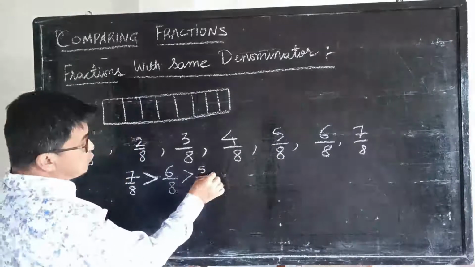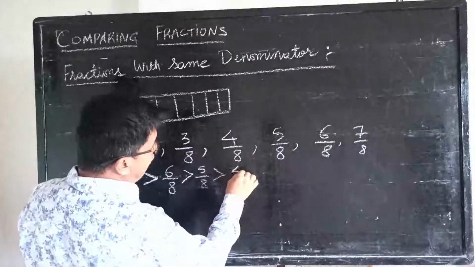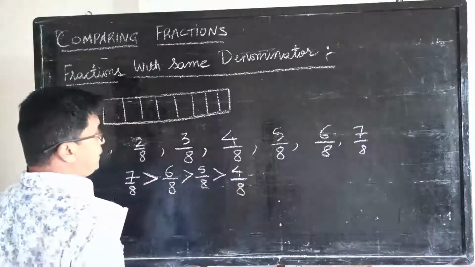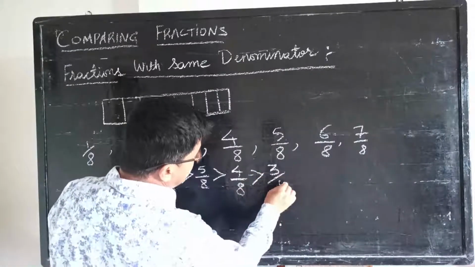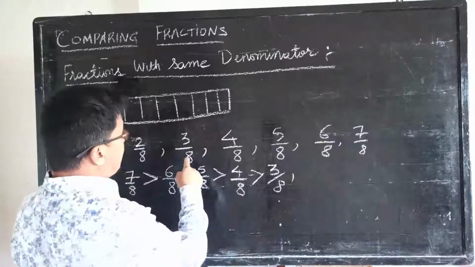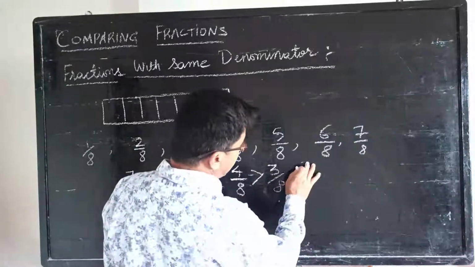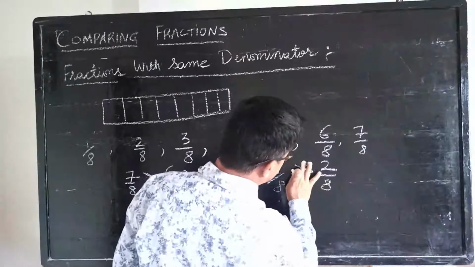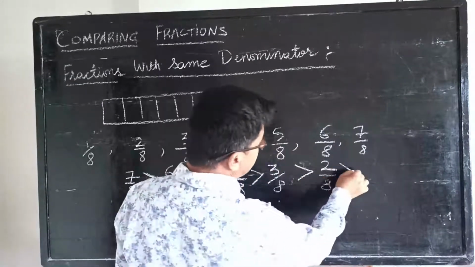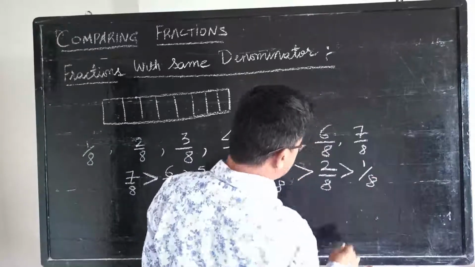Again 5 upon 8 is more than 4 upon 8. And 4 upon 8 is more than 3 upon 8. And 3 upon 8 is more than 2 upon 8. And 2 upon 8 is more than 1 upon 8.